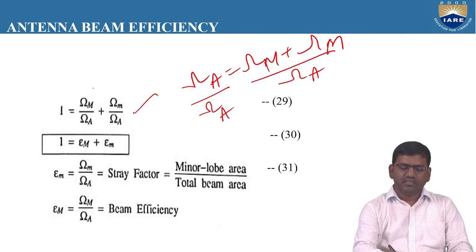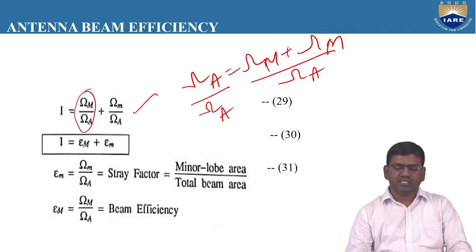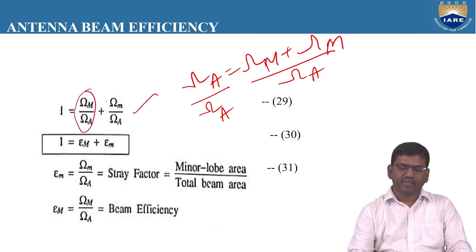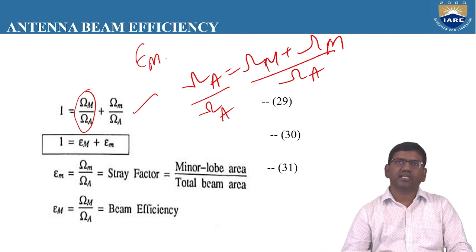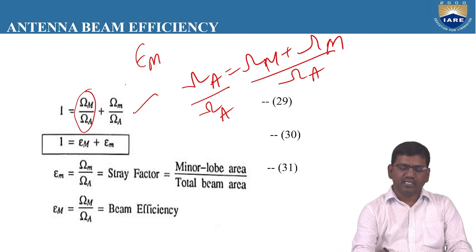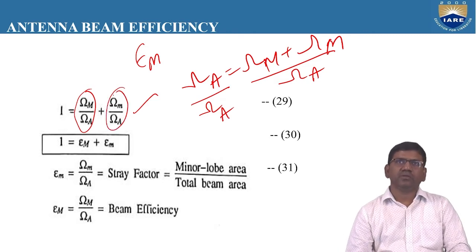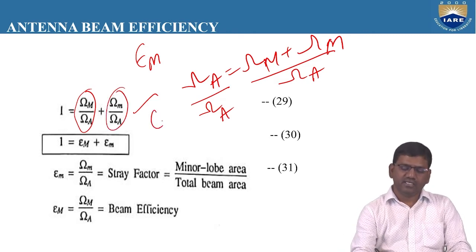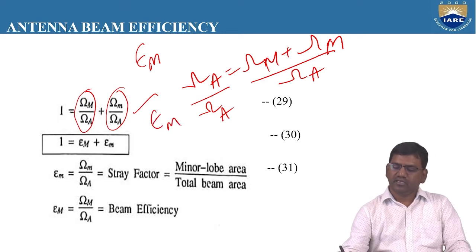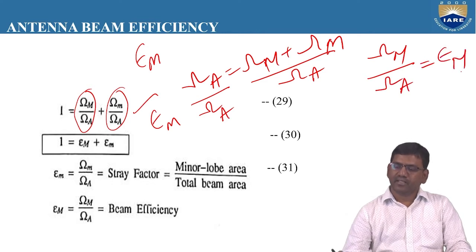So here, this portion, that is the ratio of major lobe area to the total beam area, we call it epsilon M, indicated by the symbol epsilon M. And the ratio of the minor lobe area to the total beam area, we indicate as epsilon small m. So here omega capital M by omega capital A is denoted as epsilon capital M, and omega small m divided by omega capital A is equal to epsilon small m.